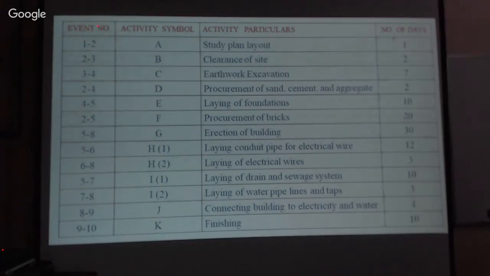Now here event number, event 1 to 2, 2 to 3, 3 to 4, then 2 to 4, then 4 to 5, then 5 to 8, like so. Please go through this, and these are the activity symbols. Already we have discussed this activity symbol, and this is the description. Now here the time is allotted by the expert. Who is the expert?